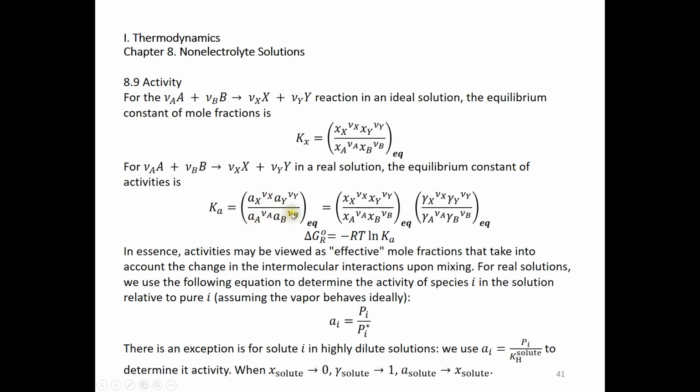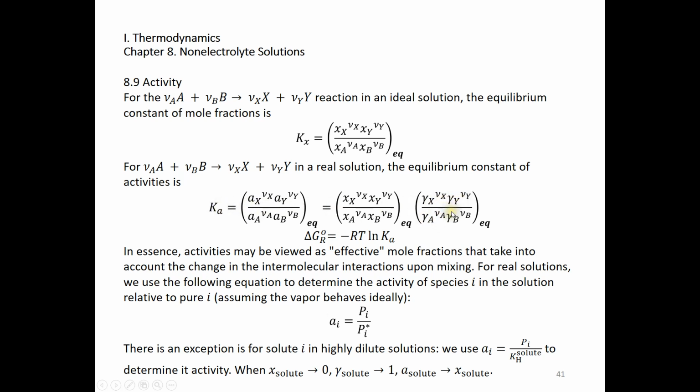And on the bottom we have reactants A and B, and we have the activities of A and B. And because A is X times gamma, gamma is the activity coefficient, X is the mole fraction, we have a product of these two terms. This term is the same as this term, but we need some correction over here. The correction is due to the activity coefficient not being equal to 1.